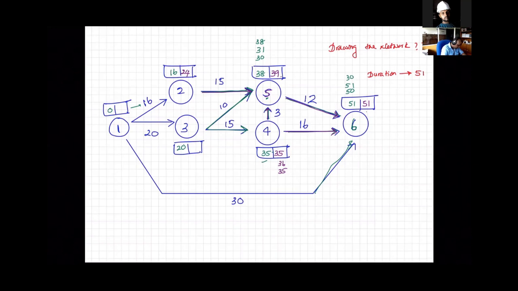So for this node 3, we have two arrows. From the arrow from event 5, we get 39 minus 10, it's 29. From the other arrow, 35 minus 15, that's 20. We take the lower value. It's 20.